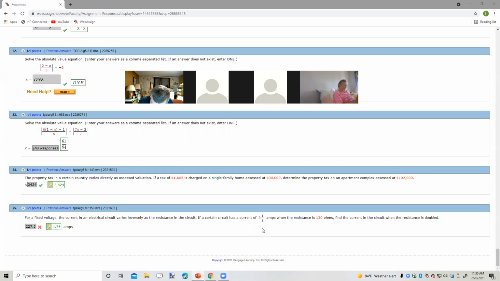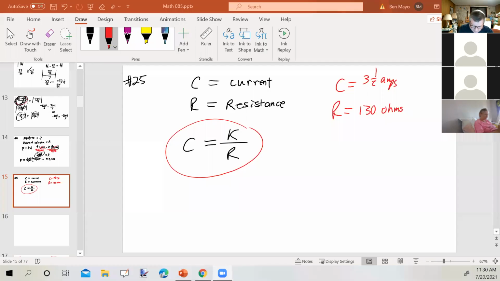So C is going to be 3.5 amps when the resistance, which is R, is 130 ohms. So now going back here, we're going to put in 3.5 equals K over 130. You see how I did that?